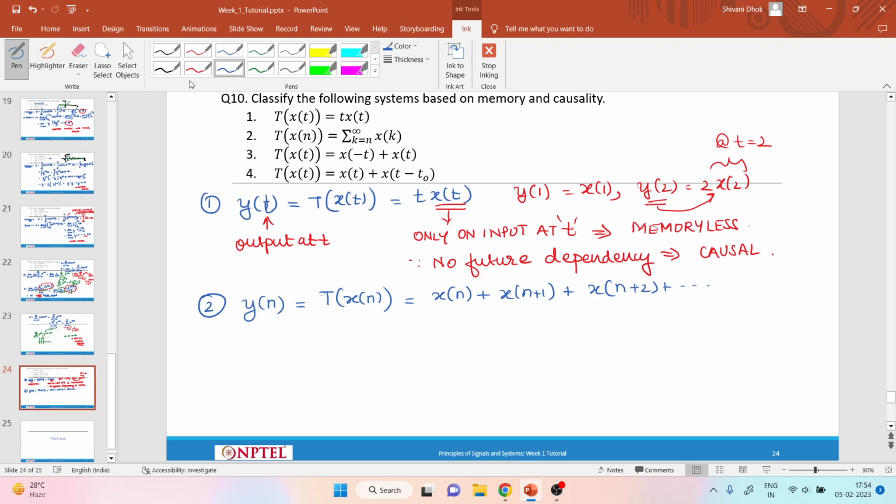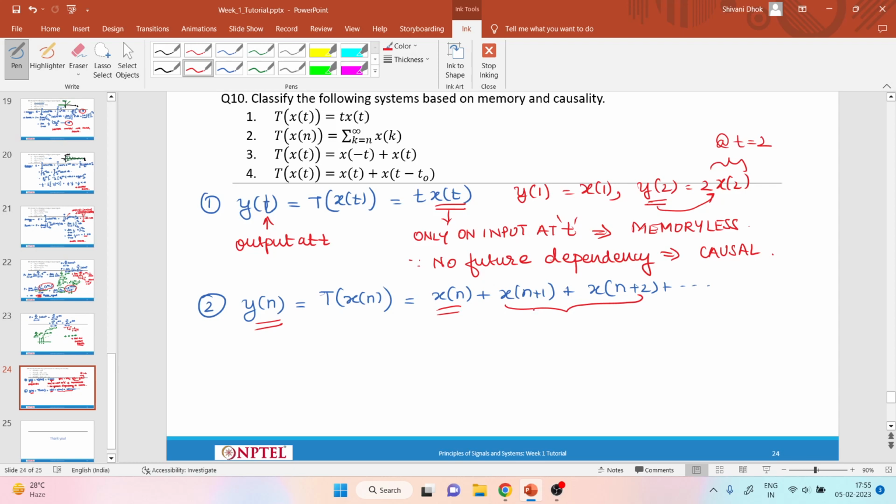Now again we can see that here the output is depending on the current input as well as input at some other instances, which means that it is non-causal. Non-causality is coming because it is depending on the future, like these are future values if I am having n as positive.